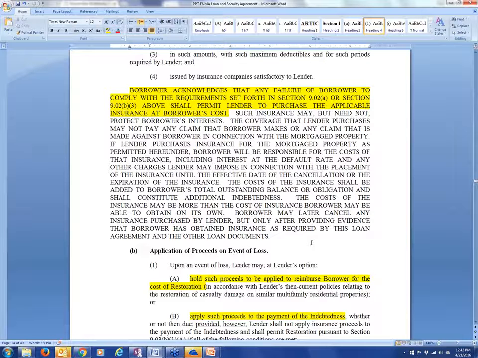They're going to do a force-placed insurance policy on you and you're going to have to pay. Well, hot dog, at least I've got some type of insurance protection because I couldn't find any. Nobody would insure my property. You go on their blanket policy and you get the protection. Might not be what you want, might not be the payee or the insured it should be, but at least if the place burns down, you're going to have coverage. So I've seen that happen as well on some of these.